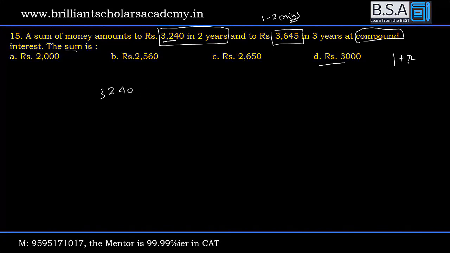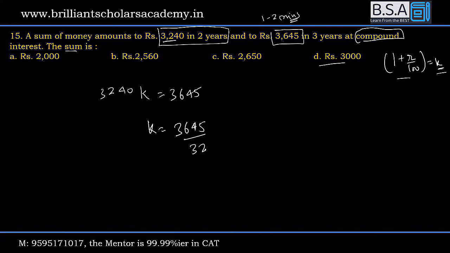Every increase can be written as an increase factor K. Second year amount becomes the principal for third year. Increased by K becomes 3645. So what is K? 3645 upon 3240.